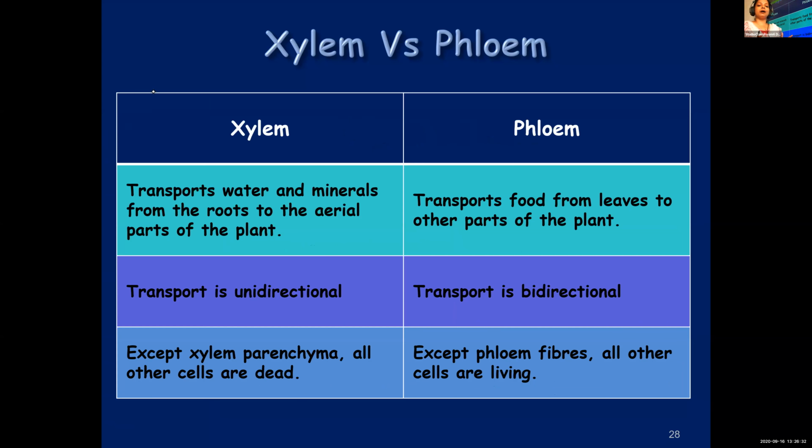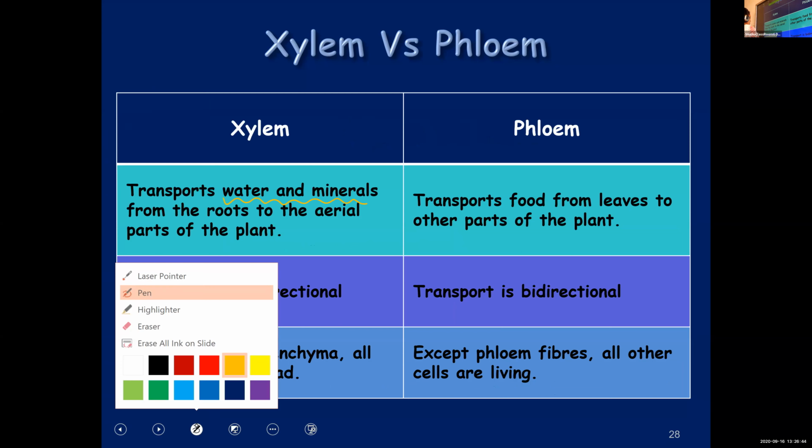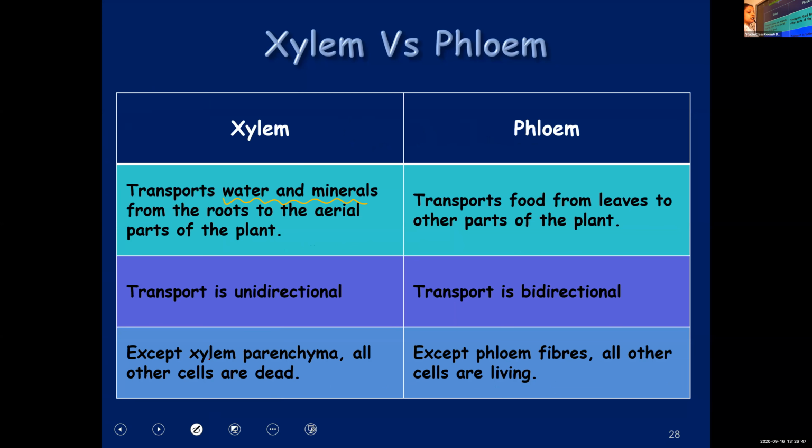First difference is about their function. Xylem transports water and minerals. Since it is water, water needs to be absorbed from the soil. So it will be transported from the roots. Roots are in contact with the soil.